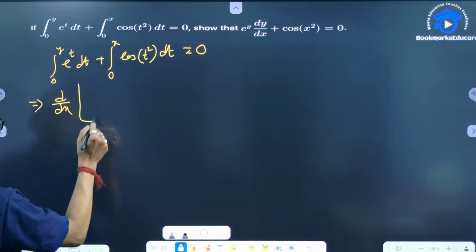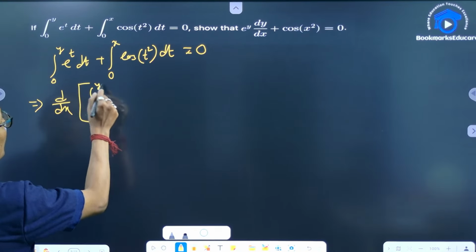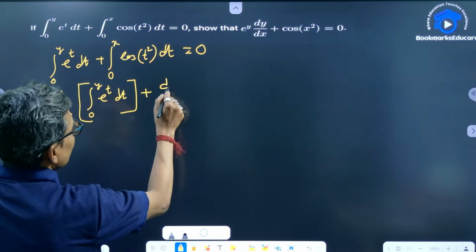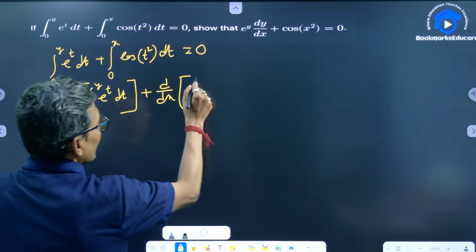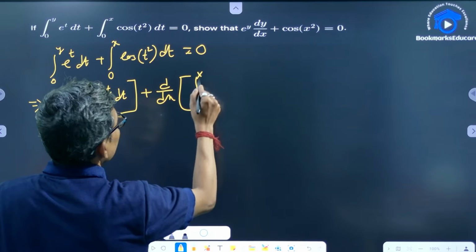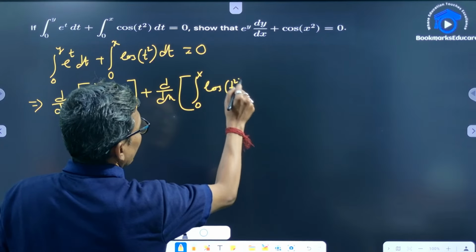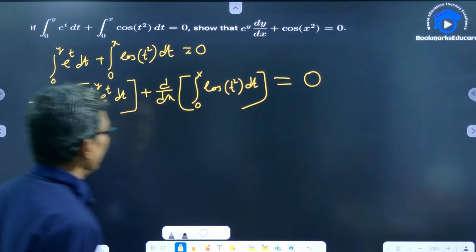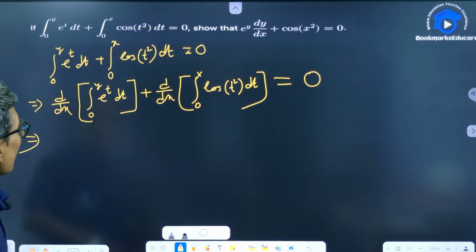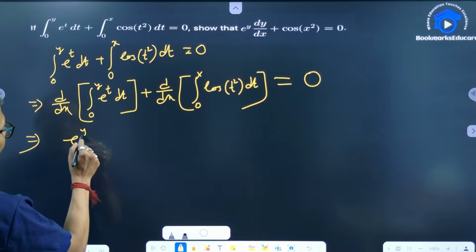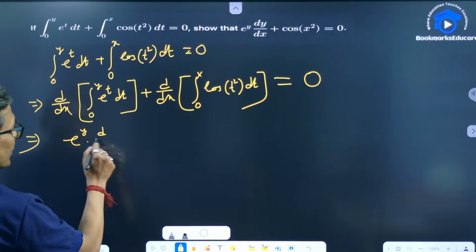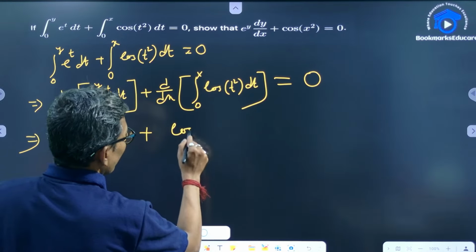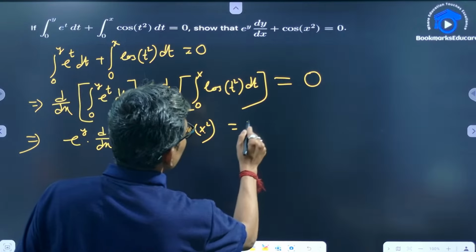Okay. So d/dx of integral 0 to y e to the power t dt, plus d/dx of integral 0 to x cos of t square dt. d/dx of 0 will be 0 because 0 is a constant. So using FTC, what will happen? e to the power y, because here there is y, so we have to differentiate y with respect to x. That's done, plus cos of x square is equal to 0.